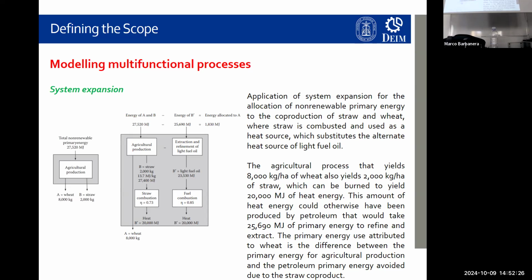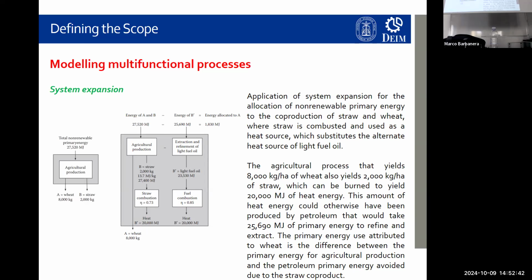In this way, 8 kilograms of CO2 equivalent are attributed to the wheat, and 2 kilograms will be attributed to the straw.